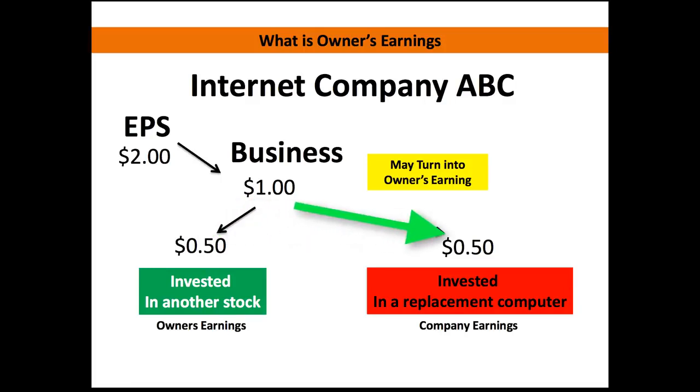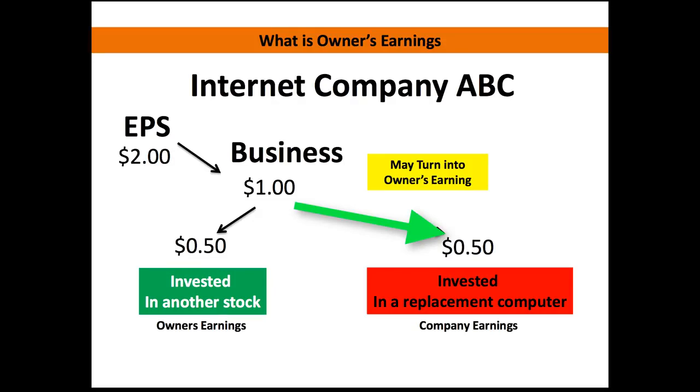Now, the other 50 cents, as we look to the right there, at the bottom right, that 50 cents was used to invest back into the company, but it was invested in a manner that replaced the computer, we'll say, it replaced the computer that they already possessed. Okay, so imagine the old computer being on the balance sheet listed as an asset.